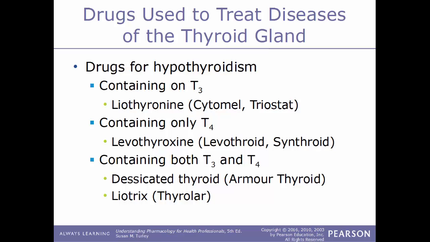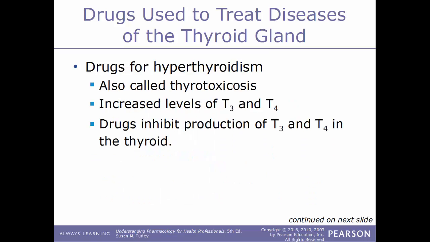Drugs that only contain T3, an example would be liothyronine, sold under the trade names Triostat and Cytomel. Drugs that only contain T4, levothyroxine, sold under the names Levothroid and Synthroid. And drugs that contain both T3 and T4 would include desiccated thyroid, sold under the name Armour Thyroid, and liotrix, which is sold under the brand name Thyrolar.